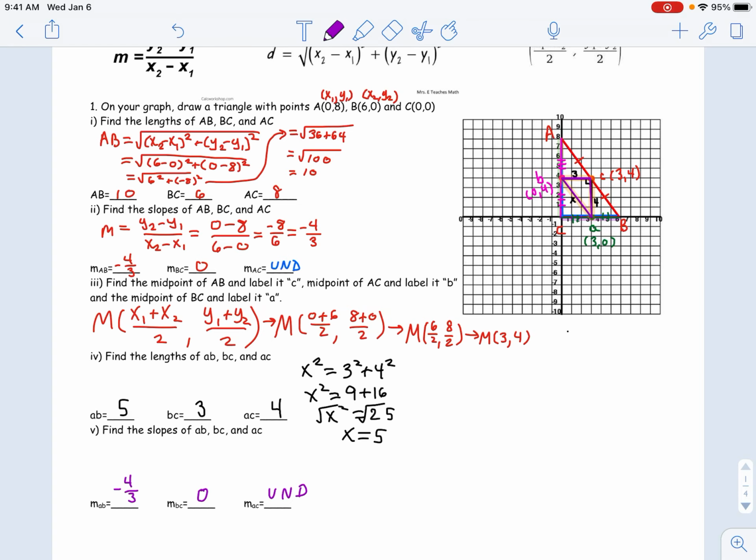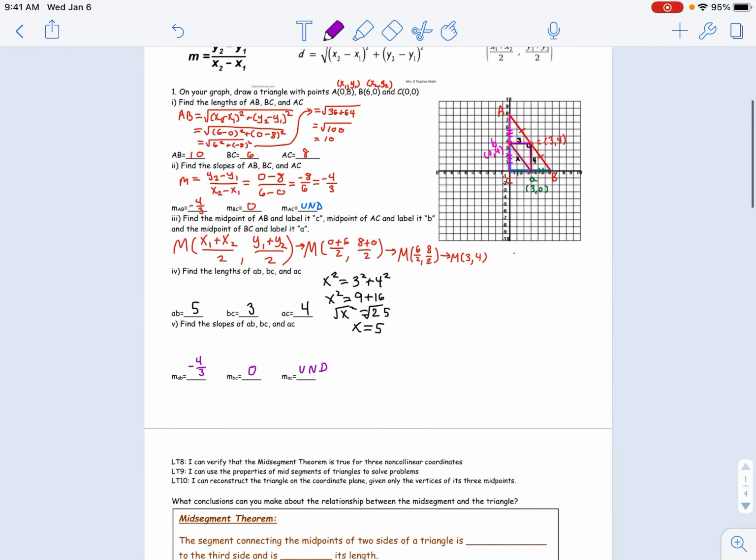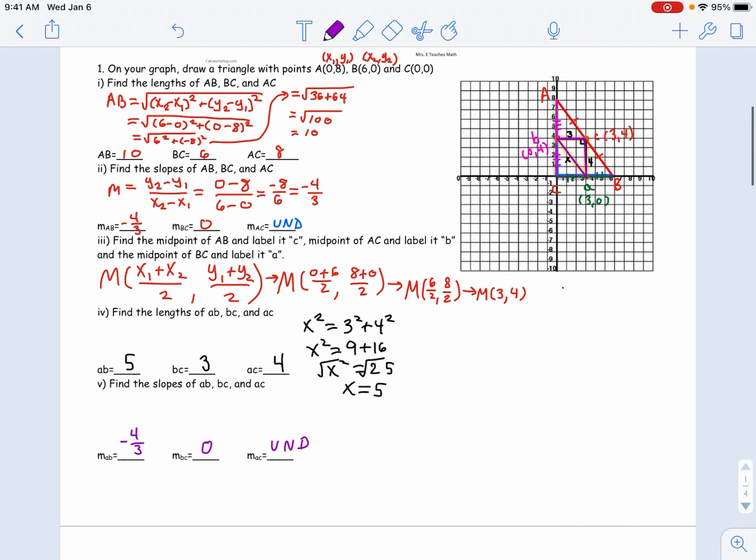Well, what's going on? There's some relationships. All right, did we notice that? Let's look at all the lengths. 10, 6, 8 went to 5, 3, 4. What's the relationship with these lengths right here? Furthermore, the slopes, -4/3, 0, undefined, -4/3, 0, undefined.